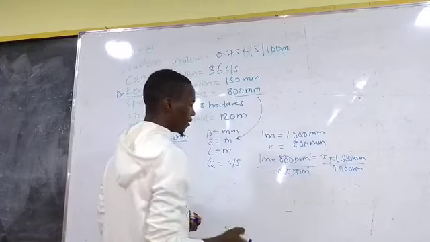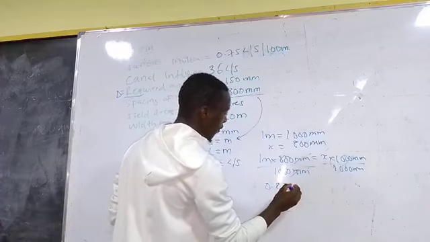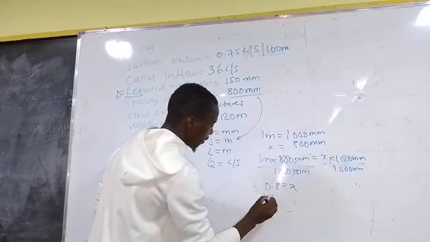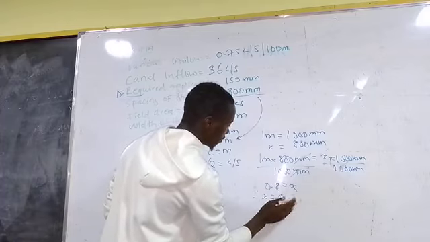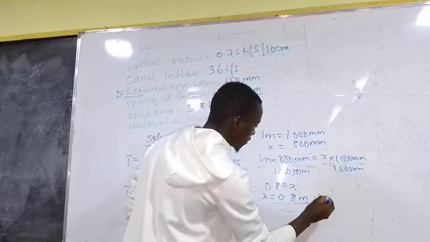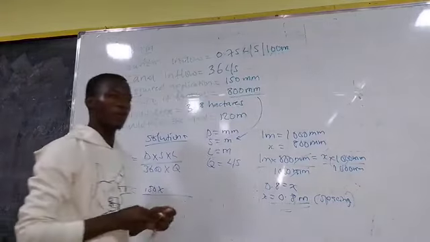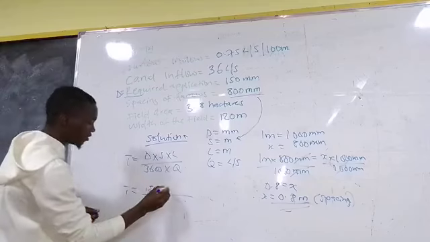So 0.8 is equal to our X. Therefore, our X is equal to 0.8 meters. So this is going to be our spacing.